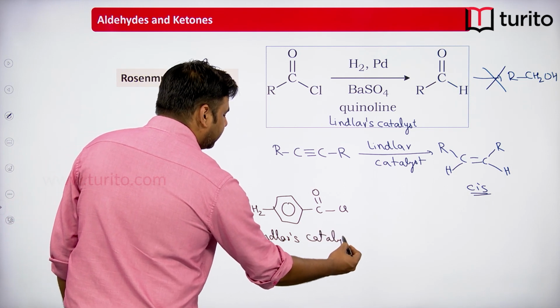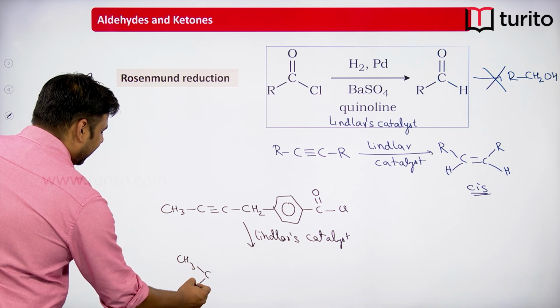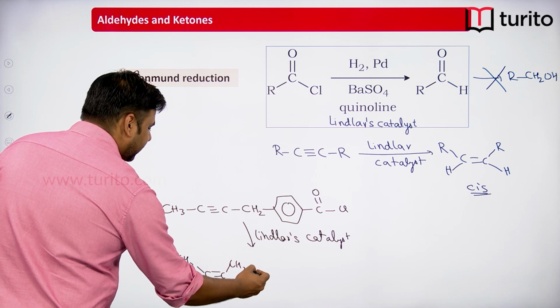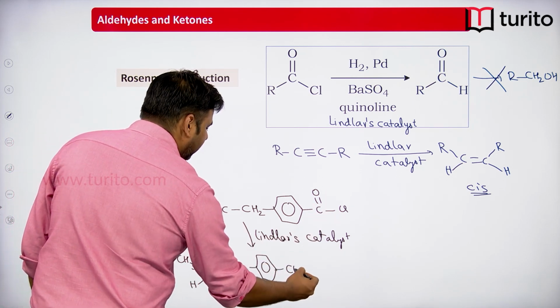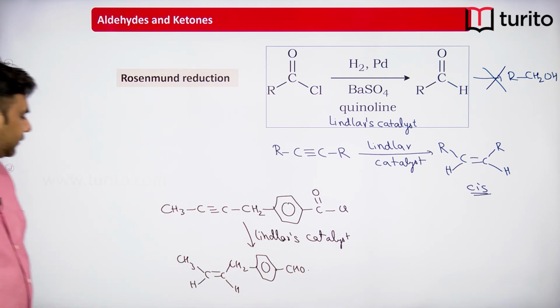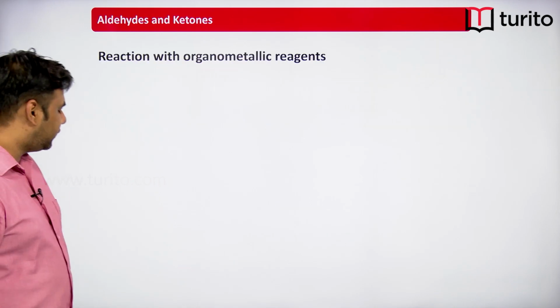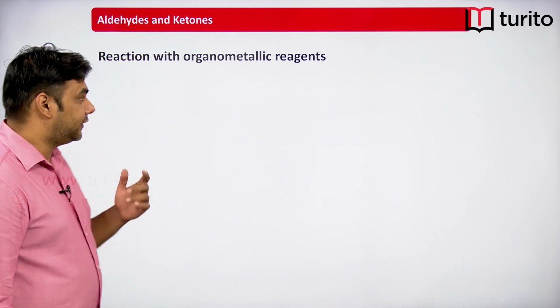So Lindlar's catalyst will basically convert the triple bond alkyne into a cis alkene, and the acyl chloride would convert into an aldehyde. So this is the product that we are going to get in this particular reaction. So this reaction is known as the Rosenmund reaction. Next is preparation of aldehydes and ketones through organometallic reagents. Okay.